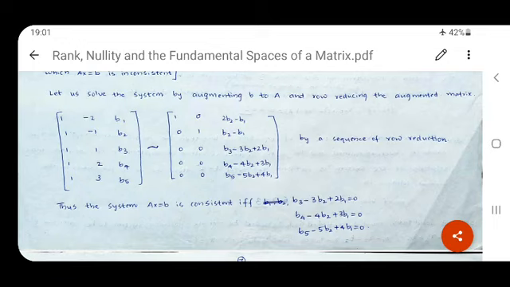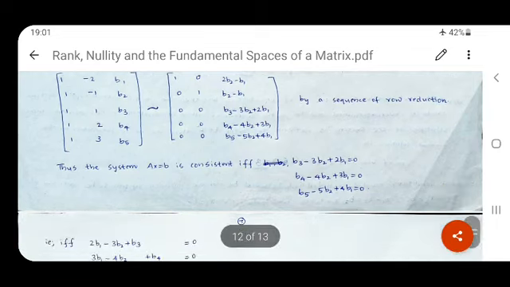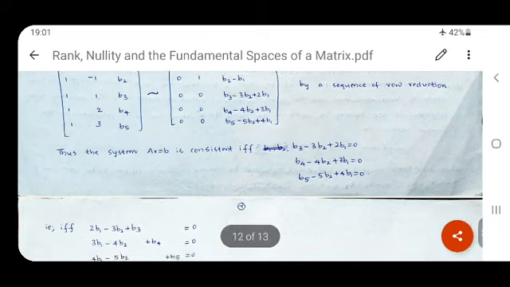We have already studied this. The rank of A is 2, so the last 3 rows must be zeros. That means we get another system of equations: b3 minus 3b2 plus 2b1 equal to 0, b4 minus 4b2 plus 3b1 equal to 0 and b5 minus 5b2 plus 4b1 equal to 0.